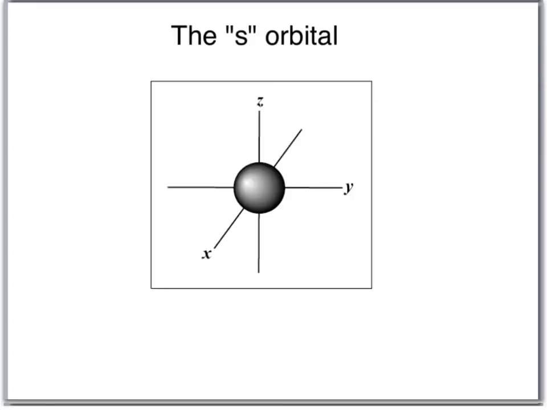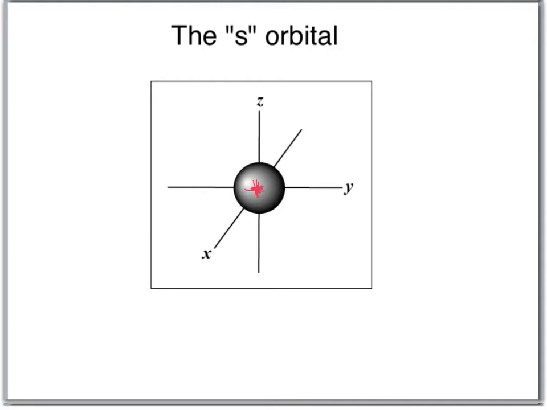The s orbital is the simplest. Now notice the x, y, z's, you know, the three axes in space. Imagine that the nucleus is right in the middle of that sphere. Okay, sorry, that's supposed to be a plus right there in the middle.